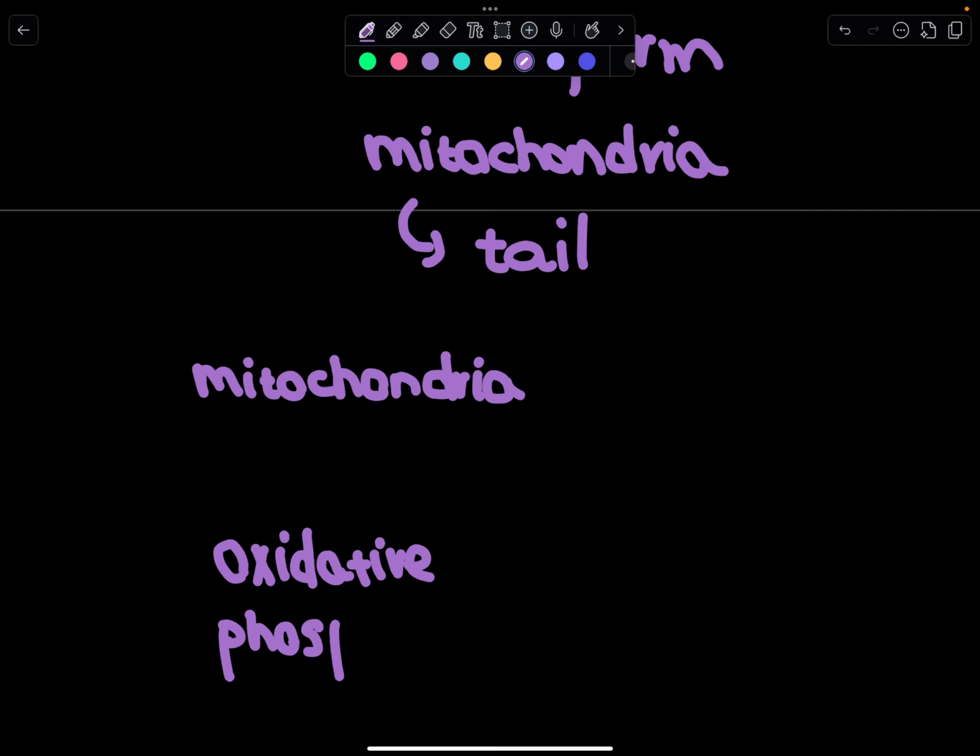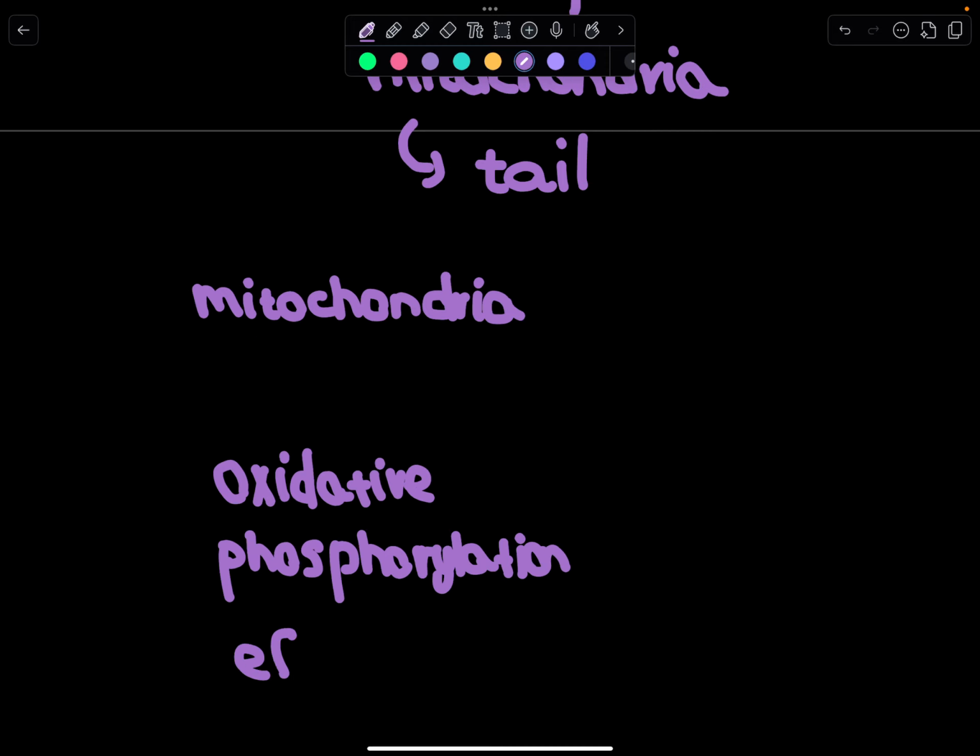I want to ask you, why does oxidative phosphorylation efficiency decline with age? Oxidative phosphorylation efficiency declines with age because mitochondrial DNA accumulates mutations from reactive oxygen species produced during electron transport, damaging ETC proteins and reducing ATP output.